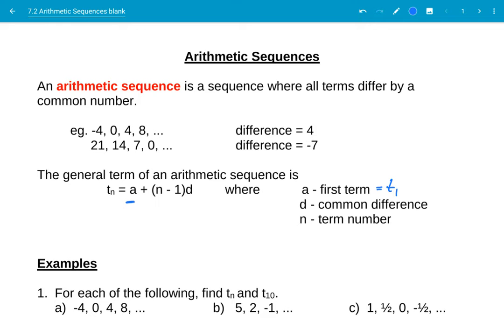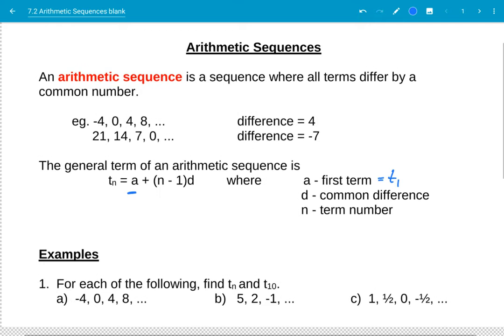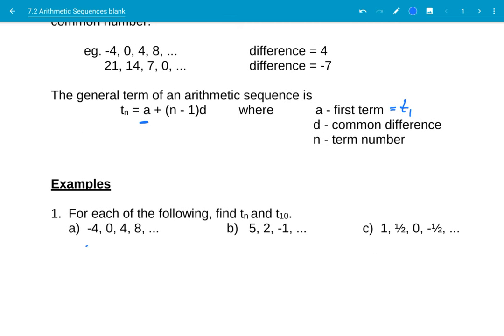Okay, so for each of the following, find the general term and the 10th term. So A is -4, D is +4, Tn is equal to A plus n minus 1 d. So -4 plus n minus 1 times 4. 4n minus 8.